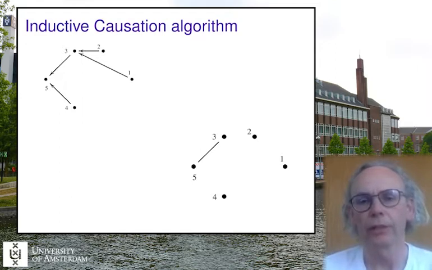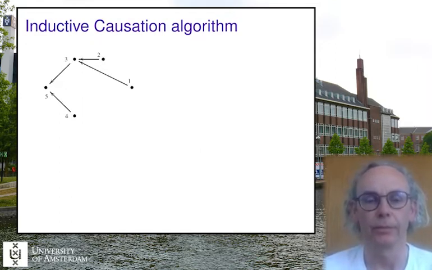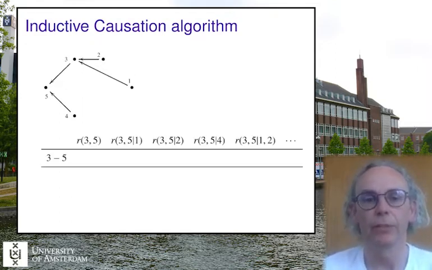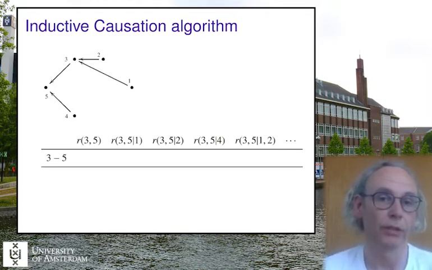So we start with 3 and 5. Is there a connection between them? How we can think of this is basically with correlations and partial correlations. We're interested in the connection between 3 and 5, and we start with the Pearson correlation between 3 and 5. So there's nothing partialed out, it's just a simple correlation between two variables.